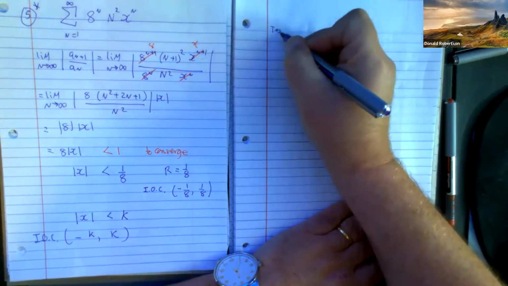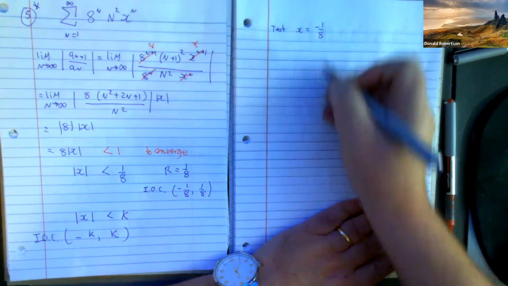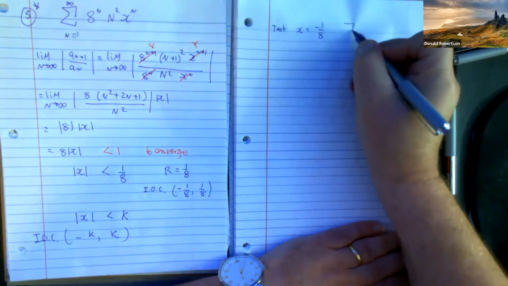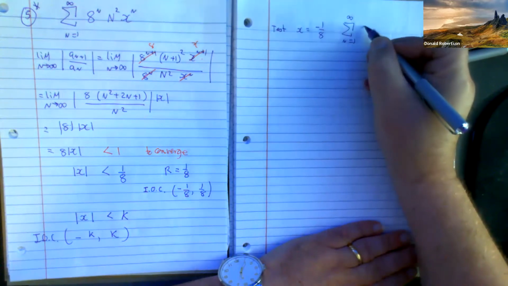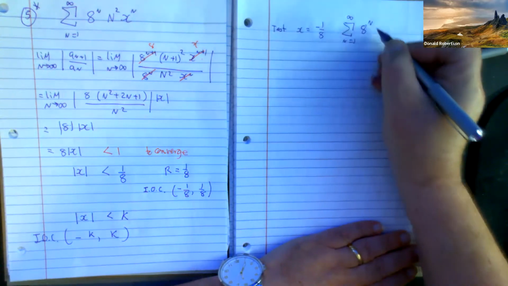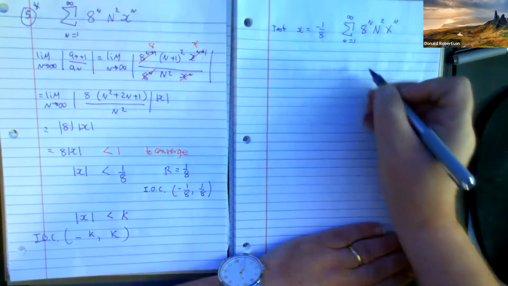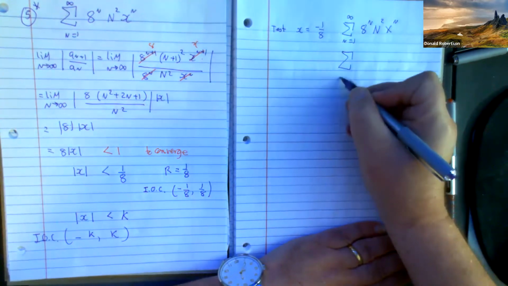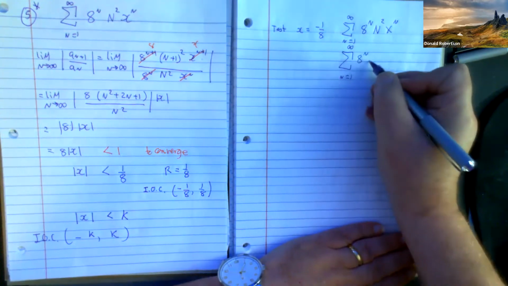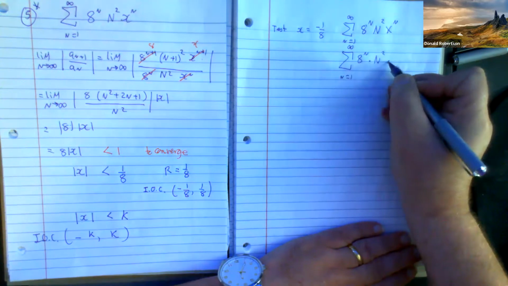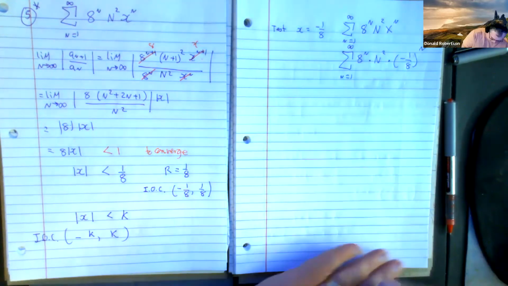Now going to test the endpoints. One of them is -1/8. And so let's see what that gets us. The sum from n equals 1 to infinity of 8 to the n squared, x to the n, becomes the sum from n equals 1 to infinity of 8 to the n squared times -1/8 to the n.